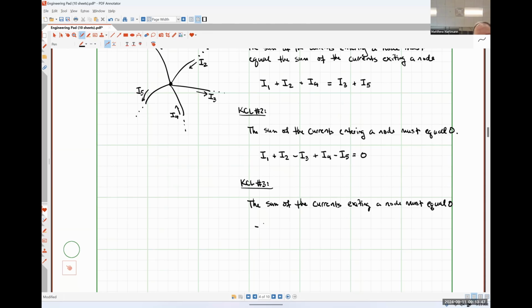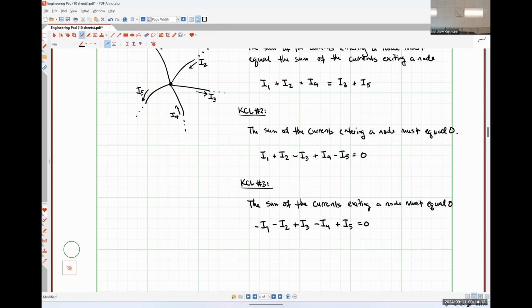So we would have negative I1 minus I2 plus I3 minus I4 plus I5 is equal to 0, which is just the equation above it multiplied by a factor of -1, because we're choosing the opposite direction as our reference for considering a current to be positive.